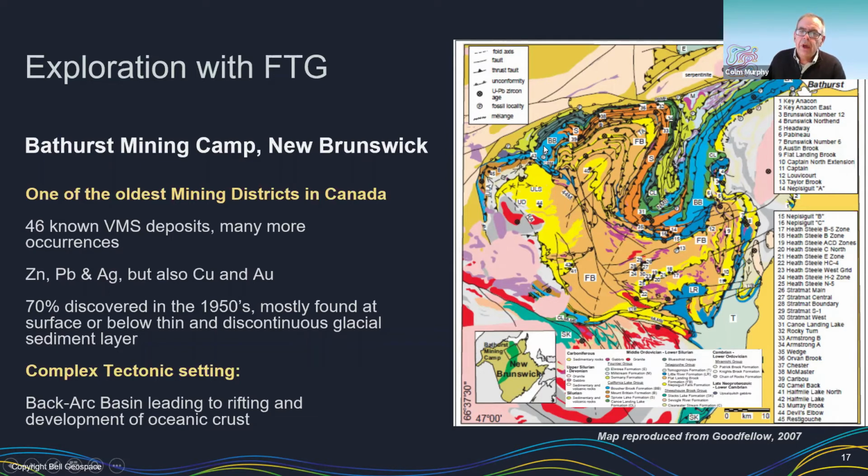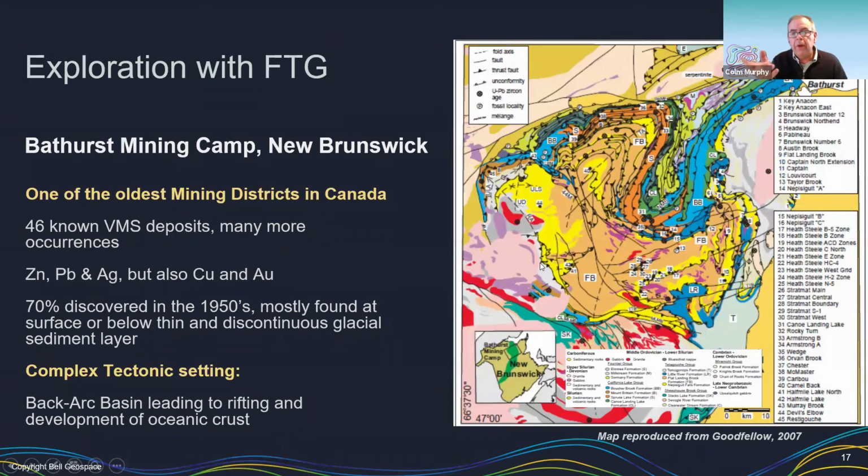Up in here we have a series of blueschist facies thrust sequences, and it's with the closure of the Iapetus that a lot of these individual blocks were amalgamated and squished and slid past each other to create a complicated tectonic map. But realistically, a lot of the deposits have been found, but there's a lot of information yet to be retrieved from this and added to this geological framework map.